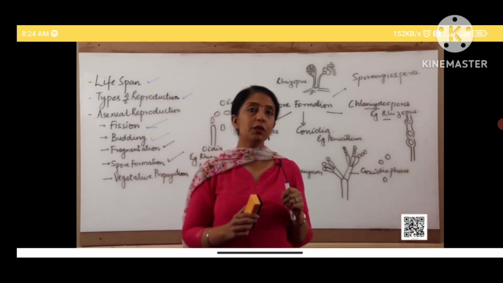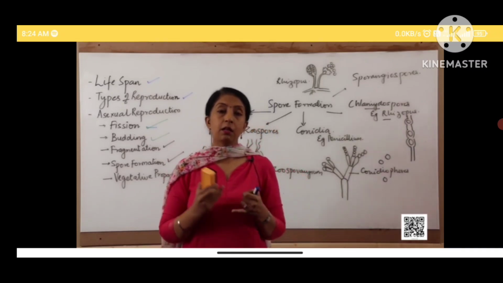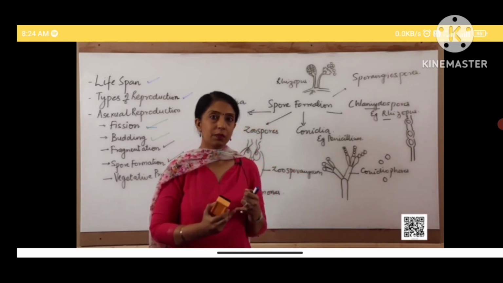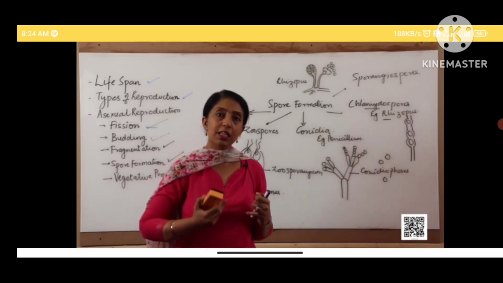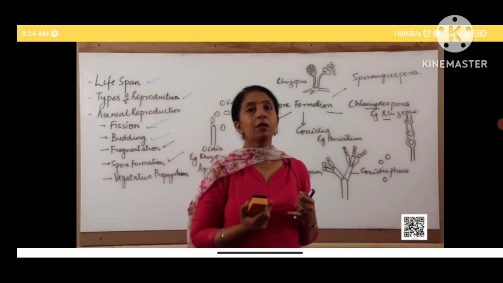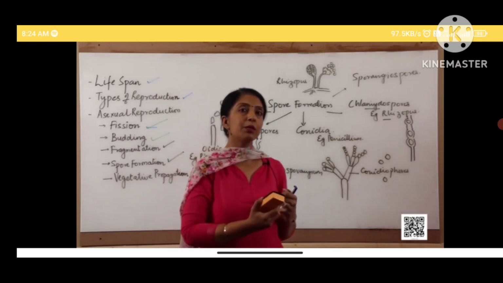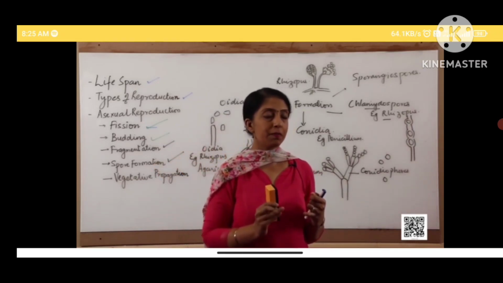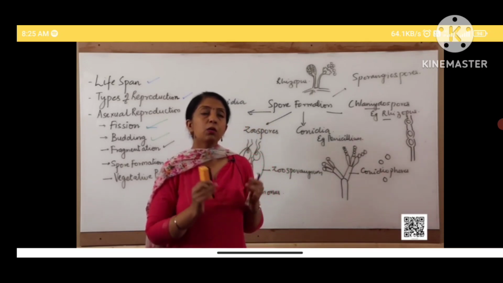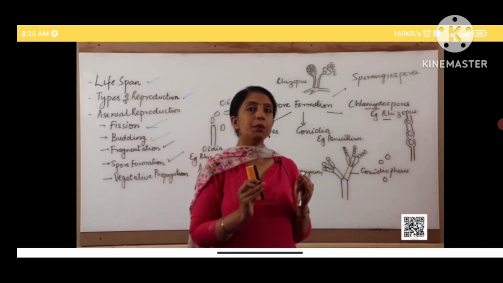One, it accelerates the rate of multiplication. The multiplication of plants is faster when we are following the vegetative mode of reproduction as compared to the sexual modes of reproduction. Secondly, the good characters of the parents can be maintained in the new plants.